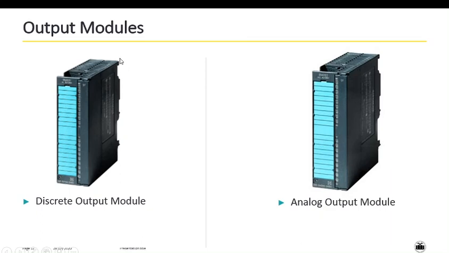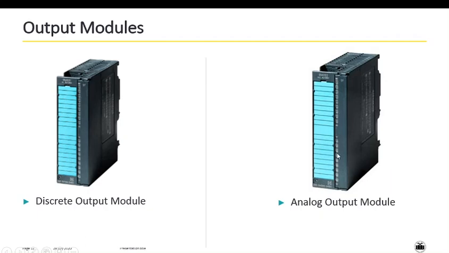So the signal from processor will be connected to these terminals. So this circuit will process that 12 volt 24 volt signal, convert it into the appropriate form, and by using these output relays, the output is taken by the actuators. Okay, so discrete output module is same as that of analog output module.